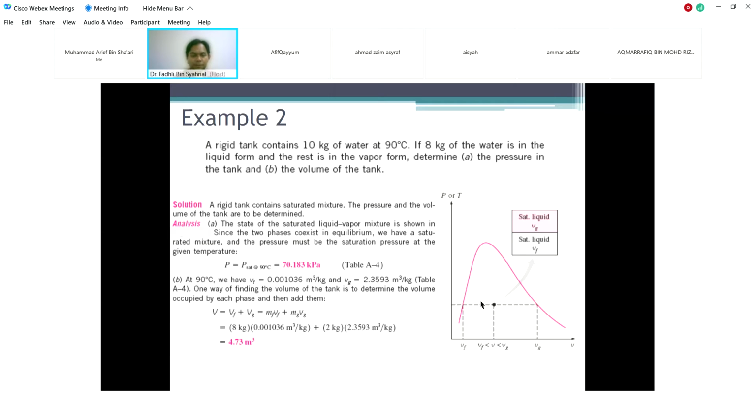Step number 3, transfer all the information given into your diagram. Transfer the related information given from the question into your diagram.